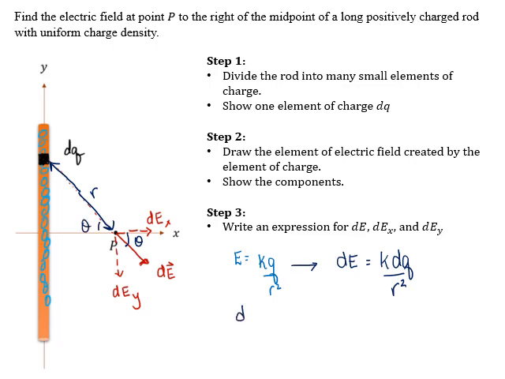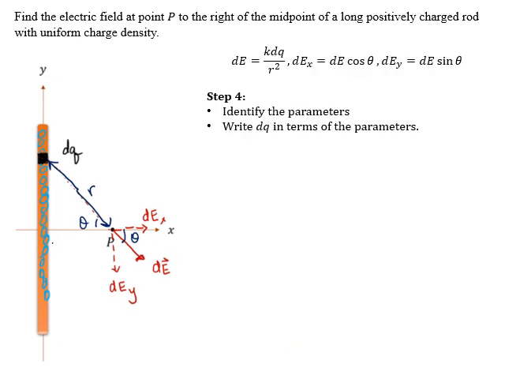So my dEx is adjacent to my angle. That means dEx is equal to dE times cosine theta. And my dEy equals dE times sine theta. All right, so to find my dEx, I need to figure out dE and cosine theta. To find dEy, I need to figure out dE and sine theta.